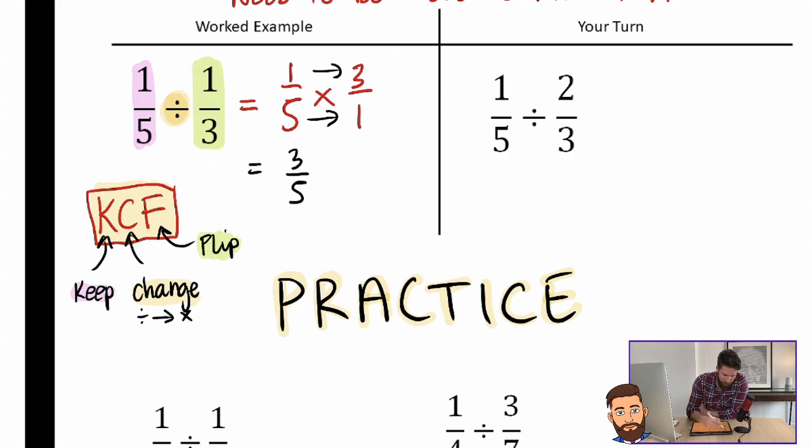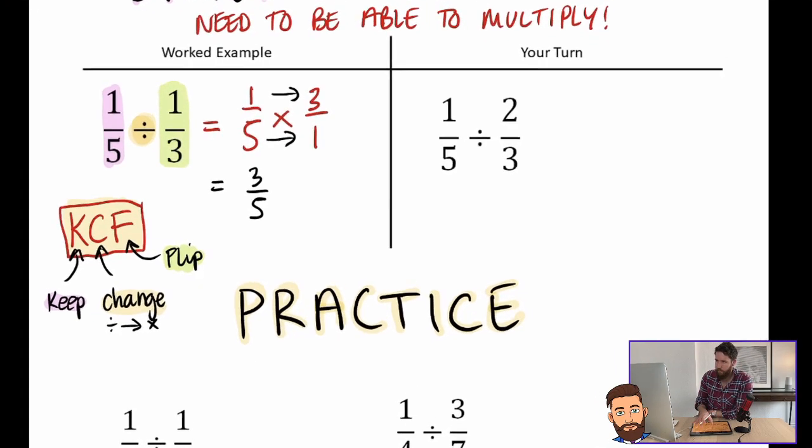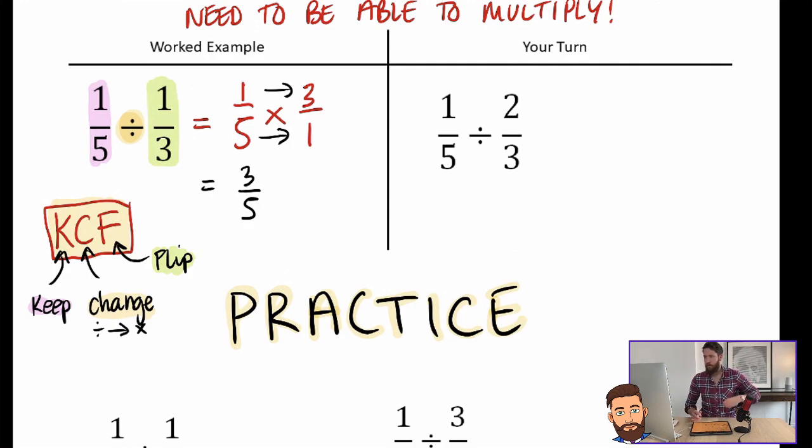So we keep, change, divide to times, flip the last fraction. If you can remember KCF, keep, change, flip, these are very easy. And it just builds upon multiplying. So if you look at the next one, you can practice that.